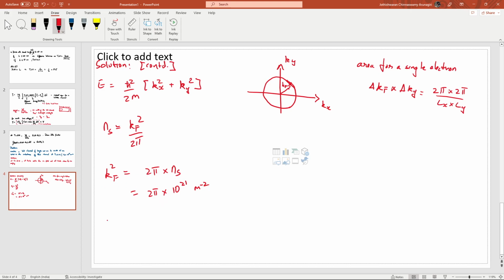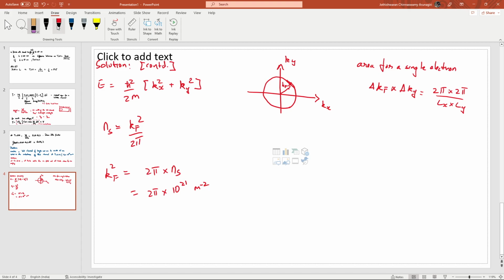The reason I'm keeping it as kf squared is because I want to find out the Fermi energy, which is h bar squared upon 2m into kf squared. Actually, there is a trick we can use here. We don't even have to find the Fermi energy. So kf squared is this.